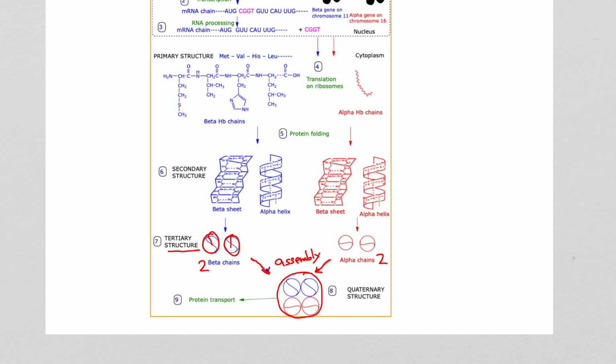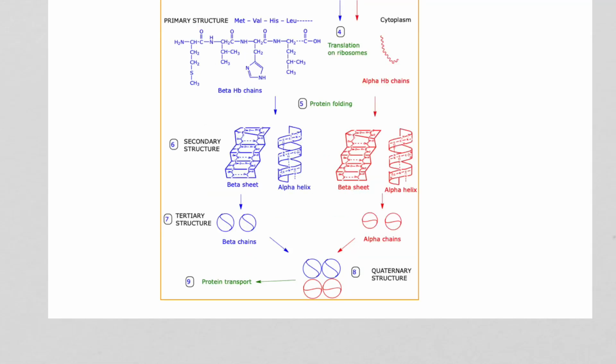Okay, the hemoglobin molecule. This is called the quaternary structure of hemoglobin. And that's what hemoglobin is. It is made up of 2 alpha and 2 beta in case of adult hemoglobin.